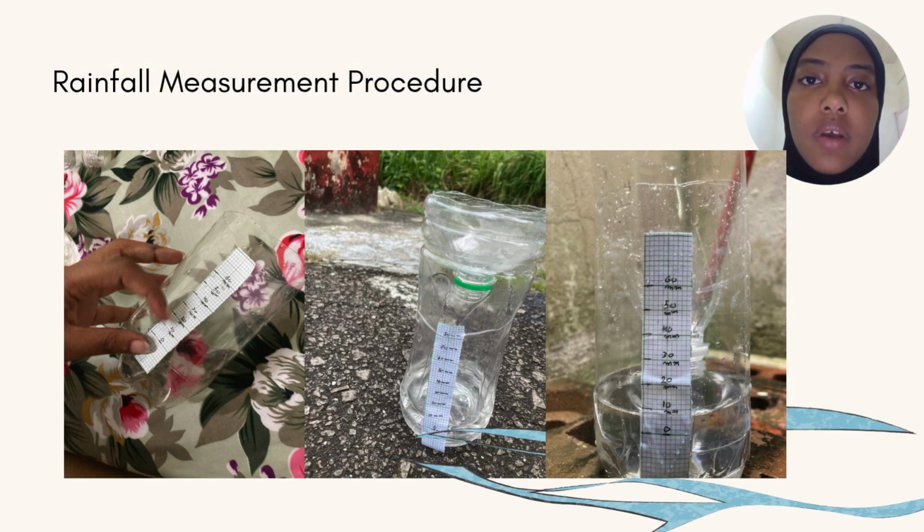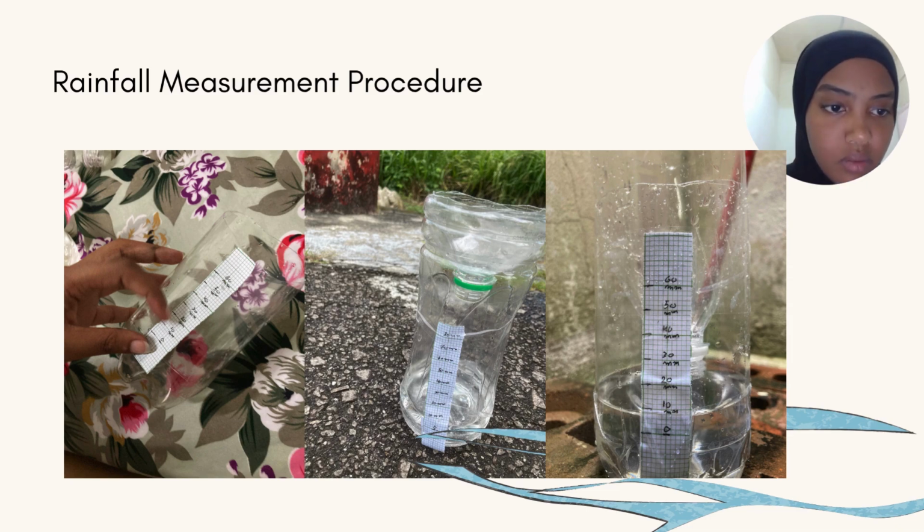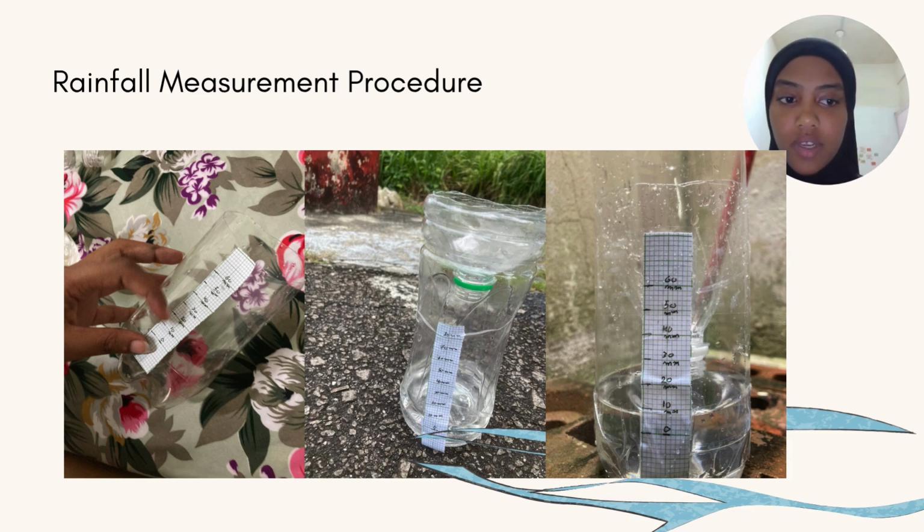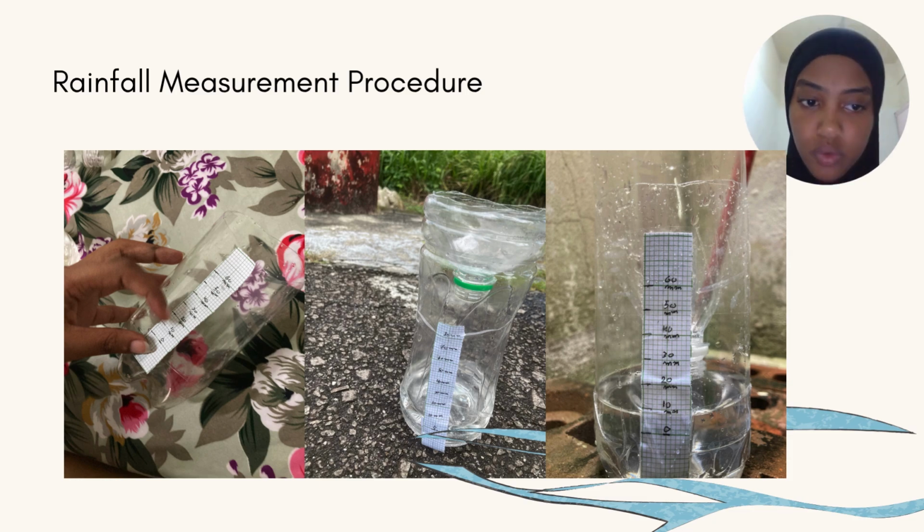Assalamualaikum everyone. My name is Lada Musa. In rainfall measurement procedure, to measure rainfall, we conducted a simple field experiment. Using a homemade rain gauge, we reused a plastic bottle by cutting off the top and inverted it to act as a funnel.